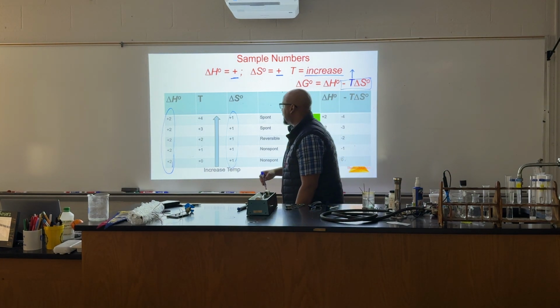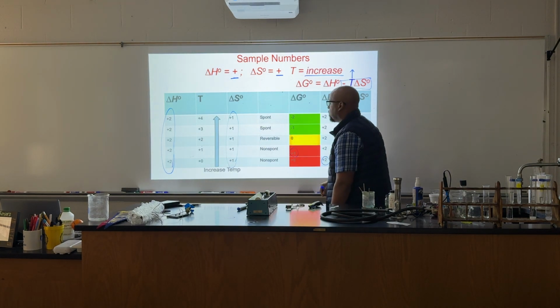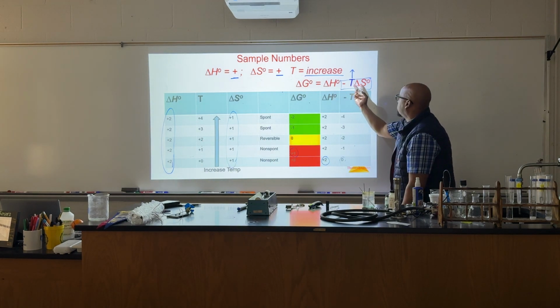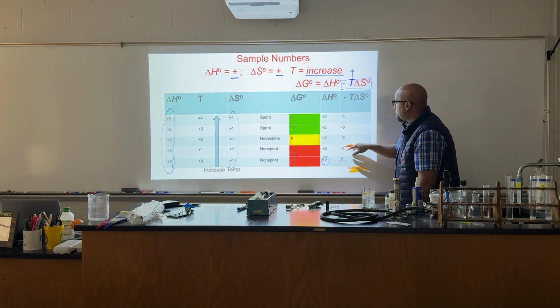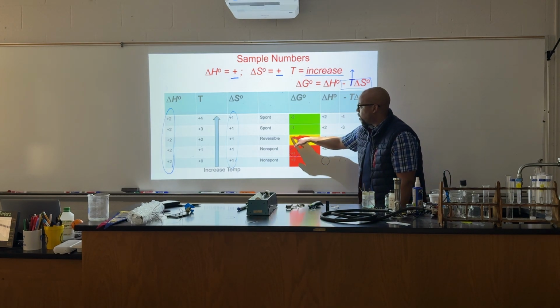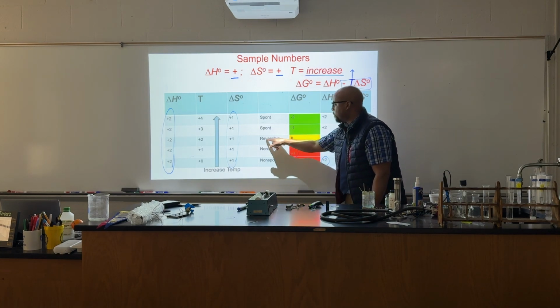When I raise my temperature in this case to now 2, and I multiply the 2 times the 1, plus the negative, I get a negative 2. Negative 2, positive 2, I get, in this case, 0, which means that the delta G is 0. It happens to be reversible.